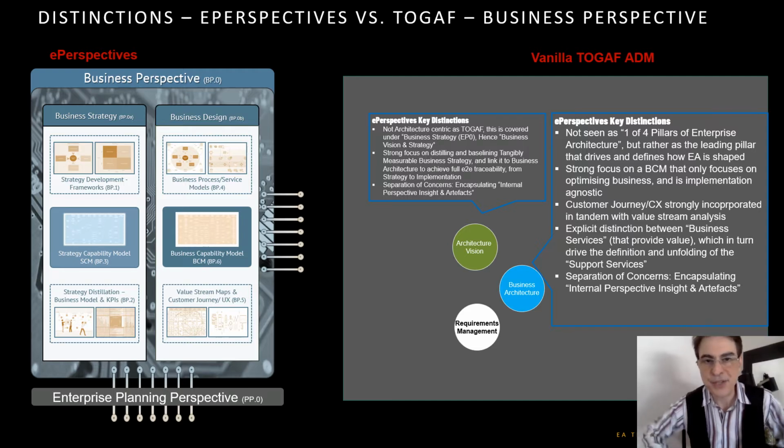Now, going to business design, we will be using techniques such as process value stream modeling, customer experience modeling, context diagramming, and context modeling to develop a business capability model, or BCM, which is an encapsulation of our business operating models.